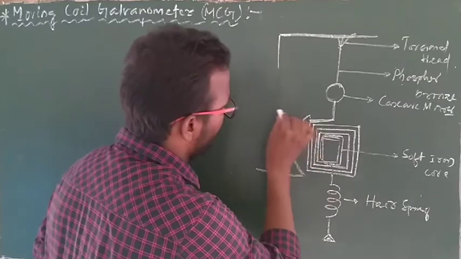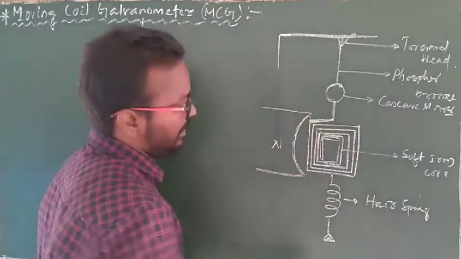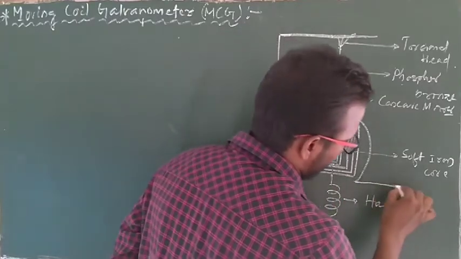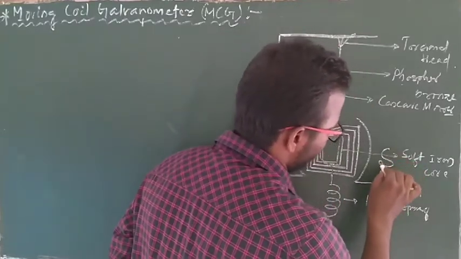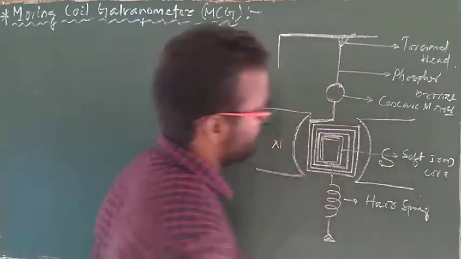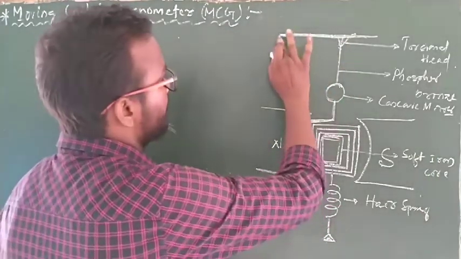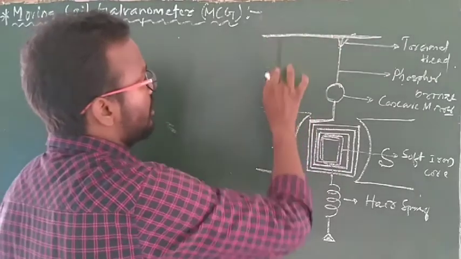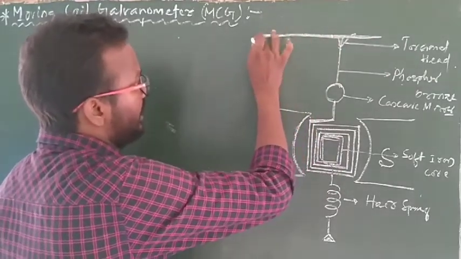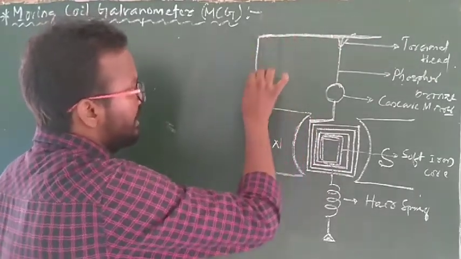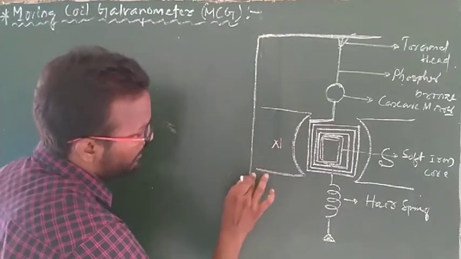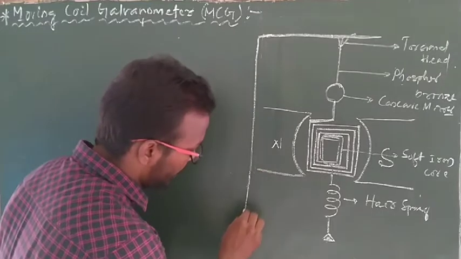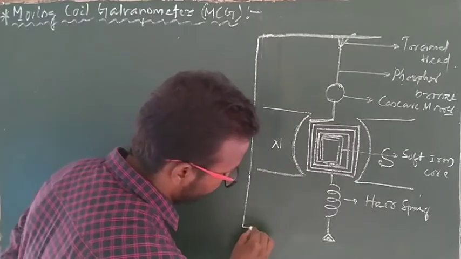This is the north pole, and this is the south pole of the horseshoe magnet. Clear? And this total arrangement is covered with a non-metallic case to avoid external magnetic field or external disturbance.